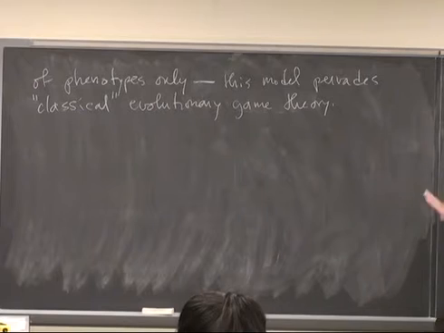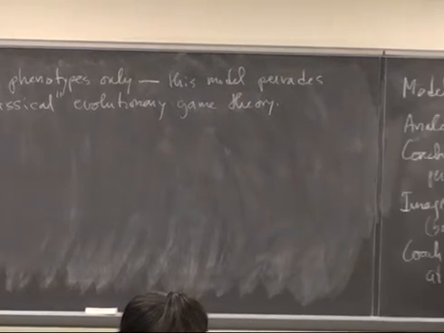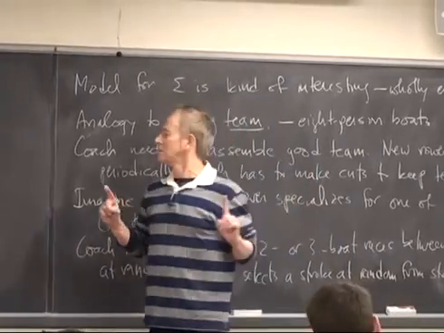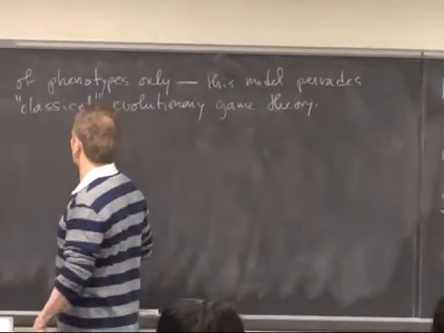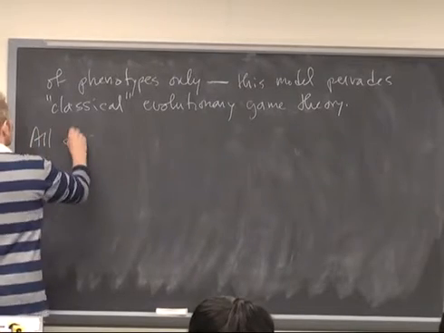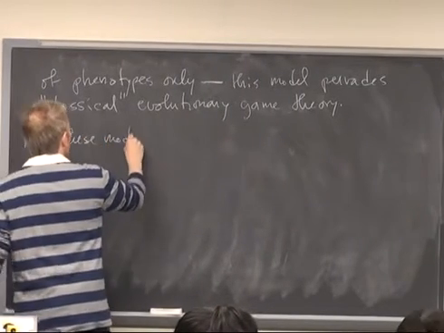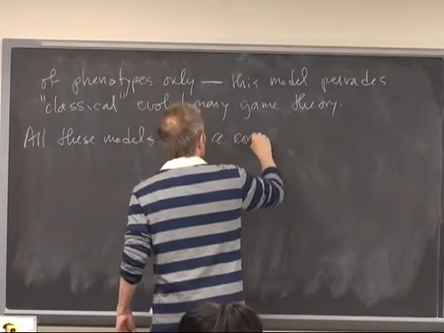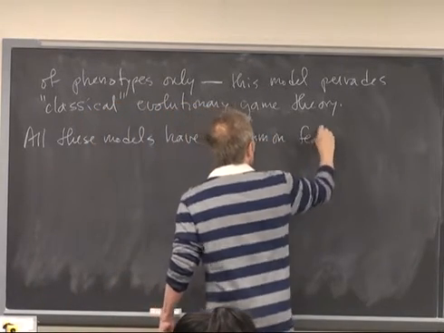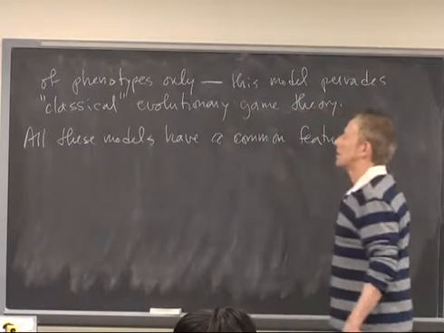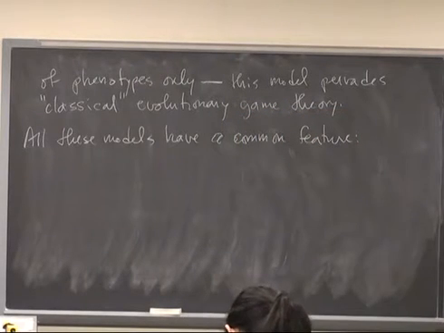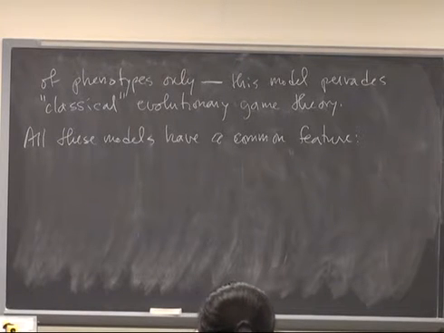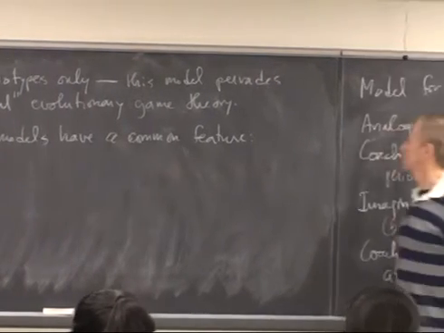Okay, now one thing all these models have in common that biological evolution does not feature as a property is the following. So all these models have a common feature. And that is that whatever random effects enter are history independent.